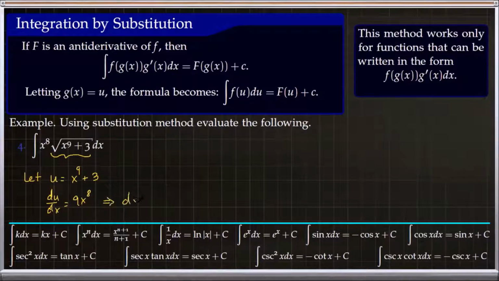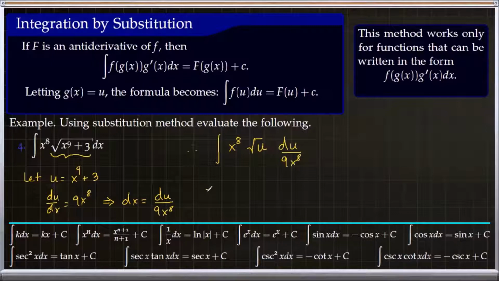Then this implies dx equals du over 9x^8. So now we are ready to do the substitution. Therefore, this integral becomes x^8 times the square root of u, because we are letting this inside part be u. And dx, we found that to be du over 9x^8.